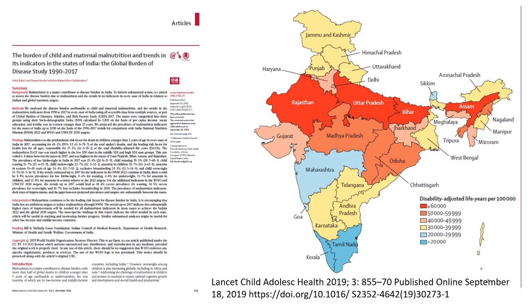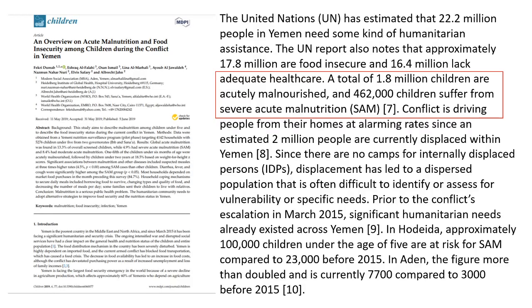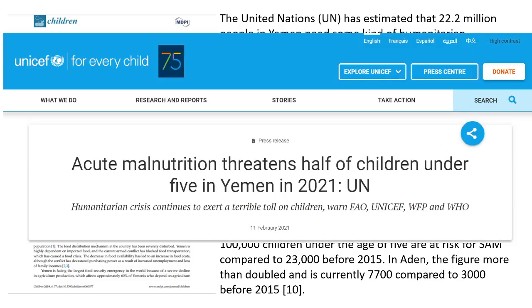So you've got some places in which you have to do something with this patient. And of course, it's a very severe situation now in such a nice country as Yemen, and you can see a lot of children have severe acute malnutrition, and this is the latest data from February 2021.